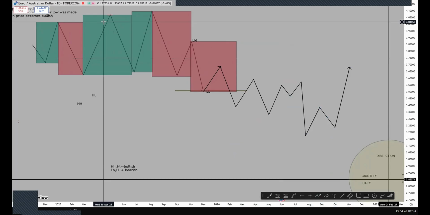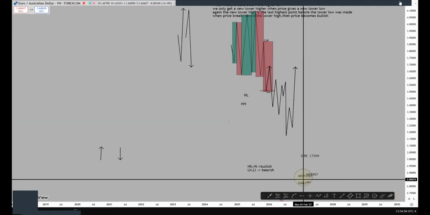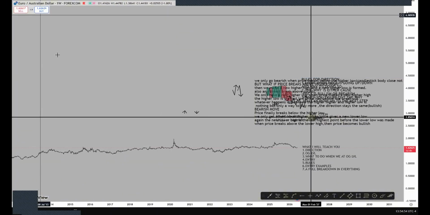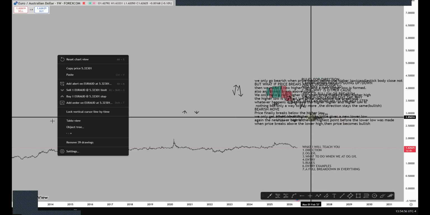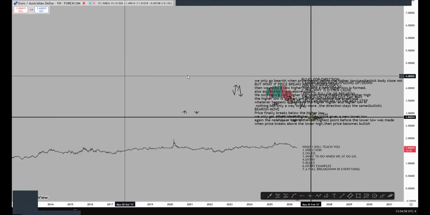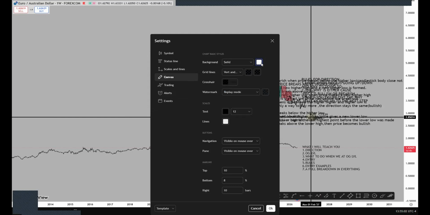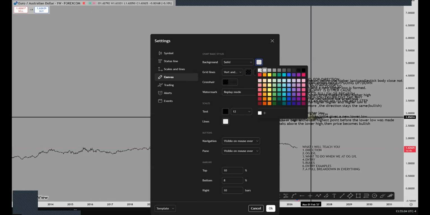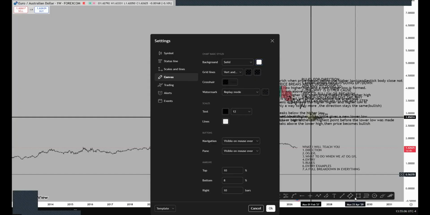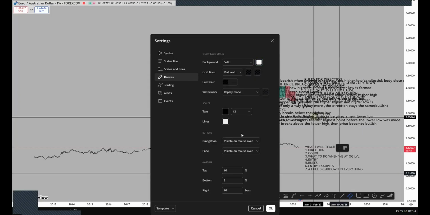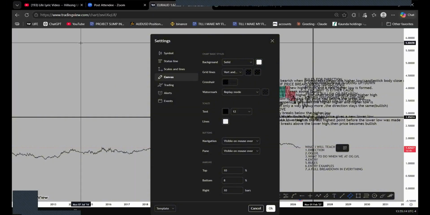I think what's going on here? I don't know why my thing has gone this color all of a sudden. Okay, let me do this.